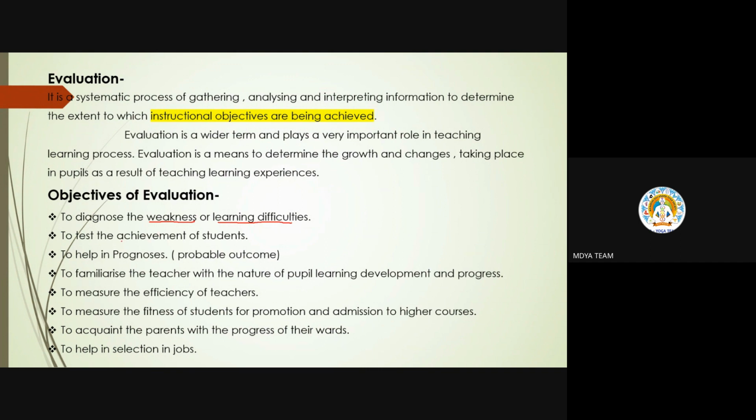to test the achievement of the student, what a student has achieved in a class. Evaluation helps in that. It also helps in prognosis, meaning a teacher can easily judge what the probable outcome is, like during the class, or through oral evaluations, or any other evaluations before the main evaluation, like a surprise test.